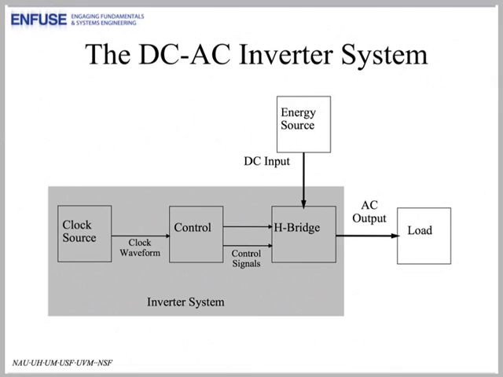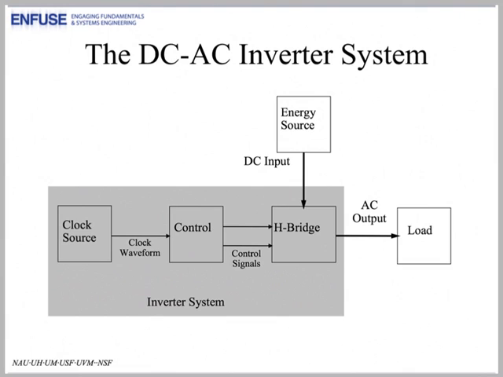Here is our DC-AC inverter described as a system. Now that system has an input, which is an energy source, and that energy source provides DC power. Our inverter system here also has an output.